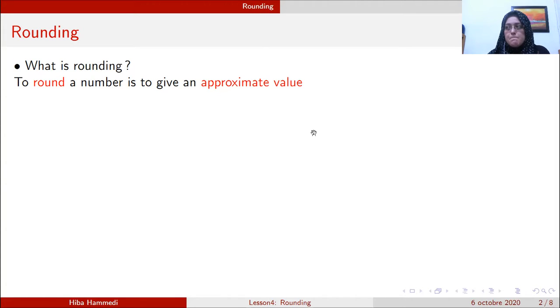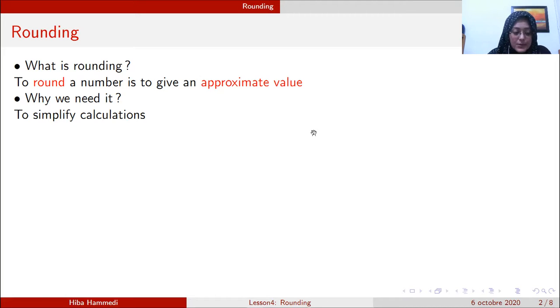And why is this very important for us to know how to do, or why do we need it? It's to simplify our calculations, to simplify the operations that we are using these numbers in.